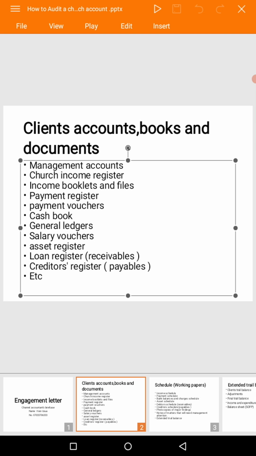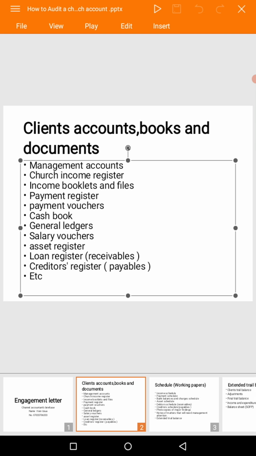He has to prepare a balance sheet, which is the statement of financial position. He has to prepare an income statement, schedules to those income statements and to the balance sheet, and his notes. He has to get all that information ready in what we call a management account. A management account is a detailed account of transactions that have happened for the period we need to audit.